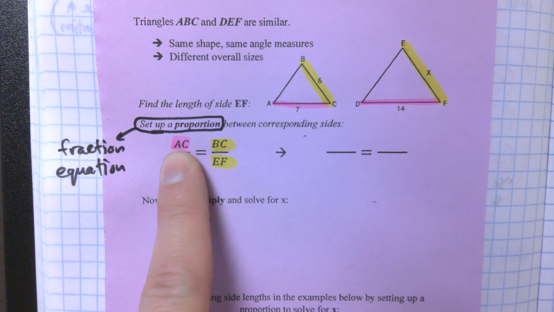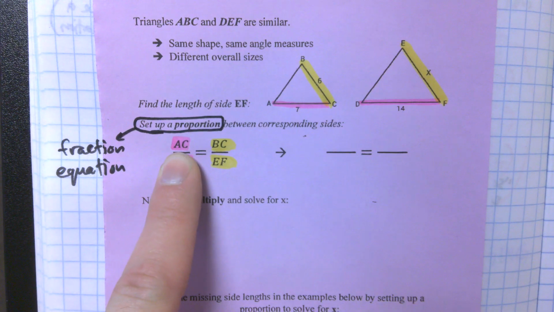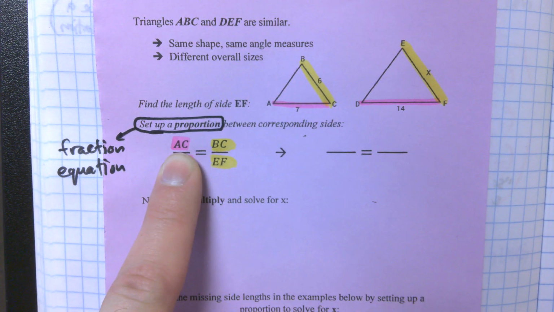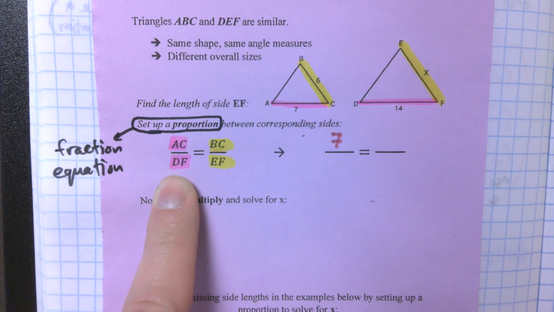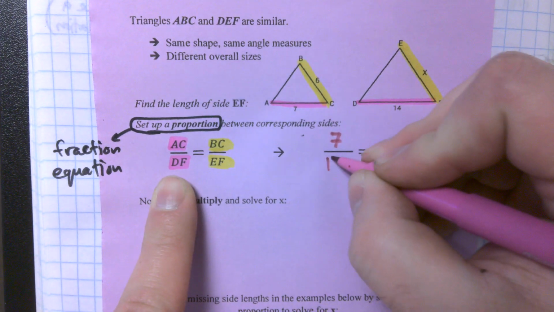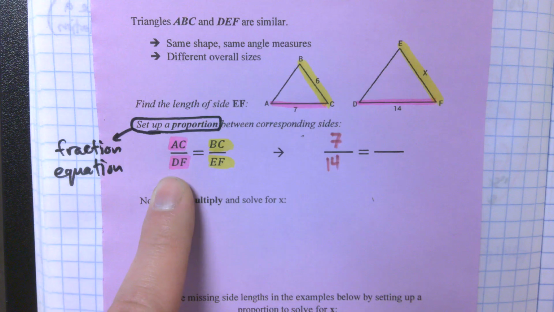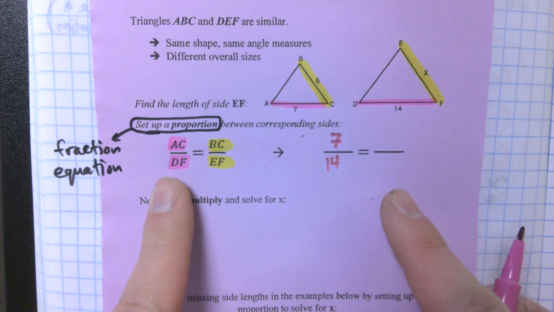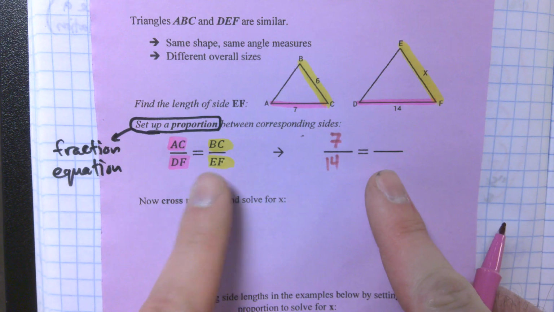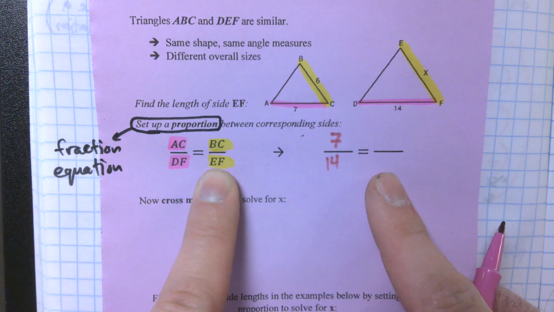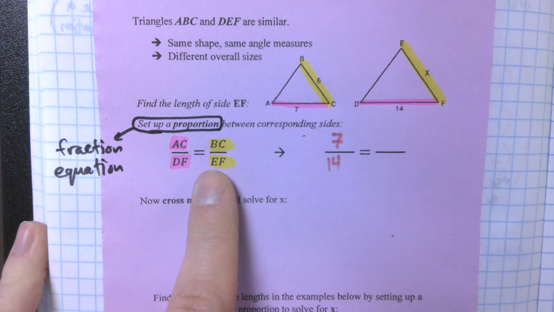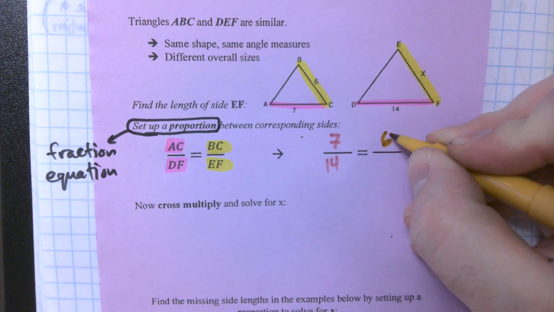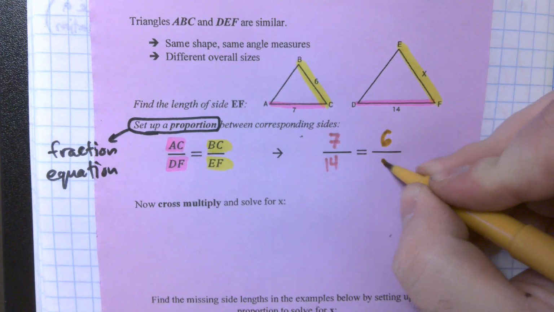What's my small pink side's length? 7. What's my large pink side's length? 14. Everyone see how I set that first one up? Okay. Then I'm going to set up another fraction with my yellow sides. How long is BC? 6. And how long is EF? X.